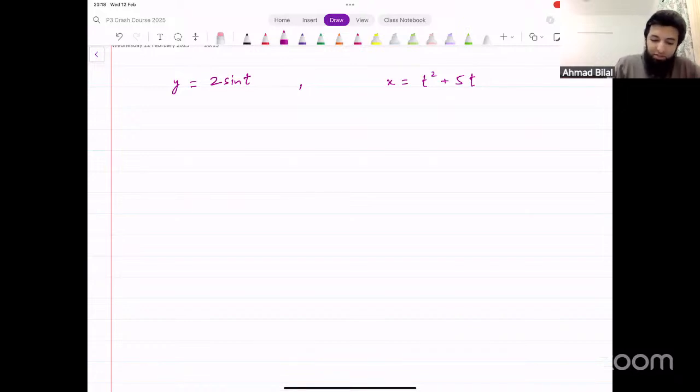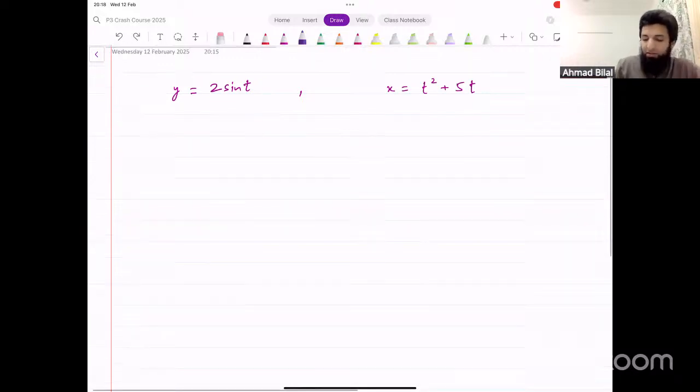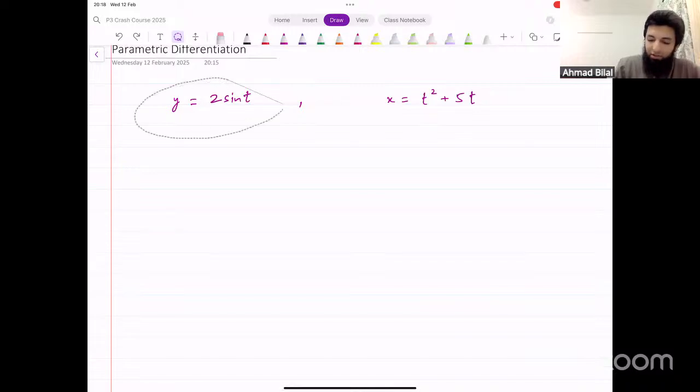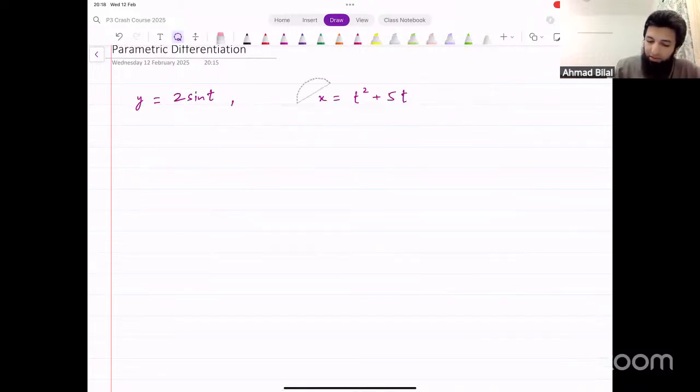These equations are known as parametric equations. Let me just write that down as well. What are parametric equations?